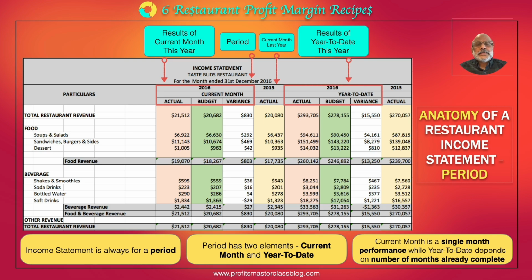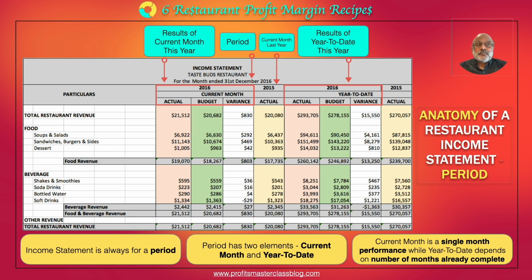As you can see, the year to date, which also has actual, budget, and variance, is not the same as the current month. The current month is December 2016, while this year to date as of 31st December 2016 is for the 12 months of the year 2016.